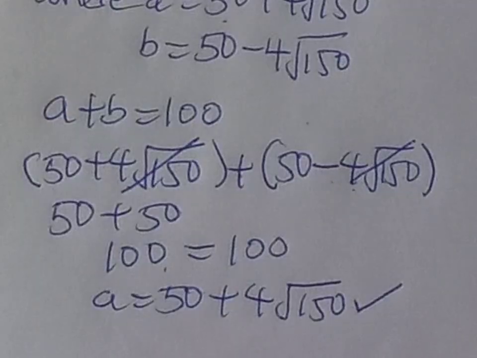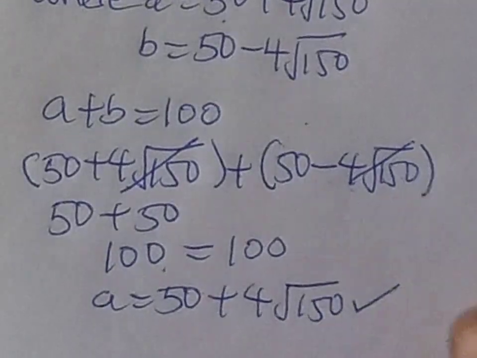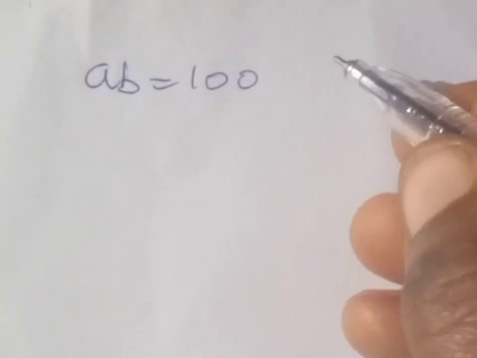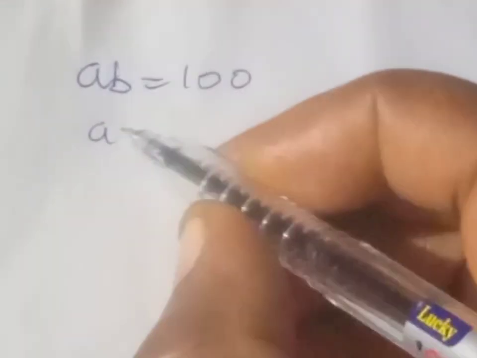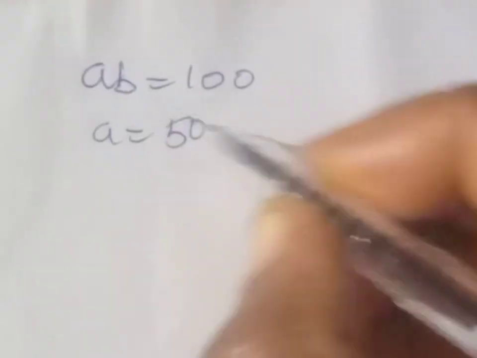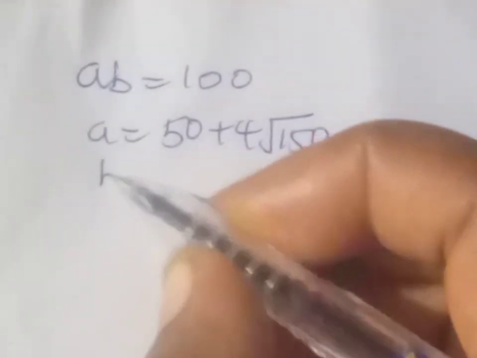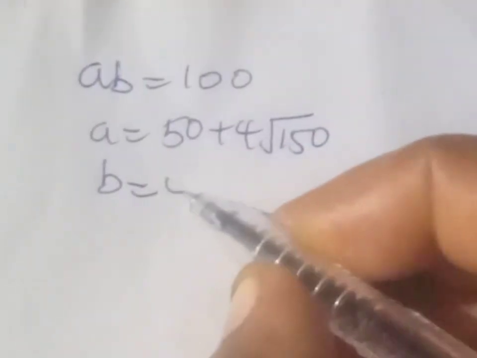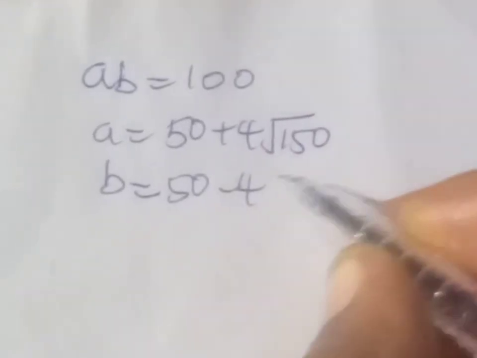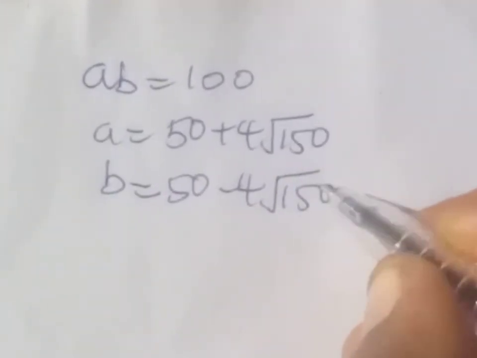Now let's verify the second equation. A times B equals 100, where our A equals 50 plus 4 root 150 and our B equals 50 minus 4 root 150.